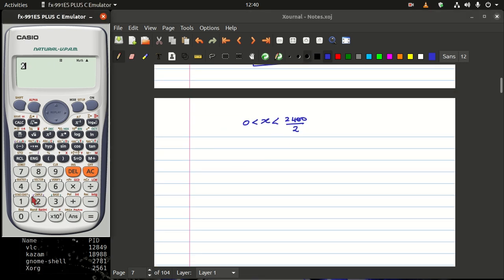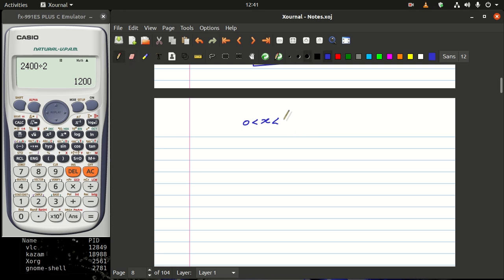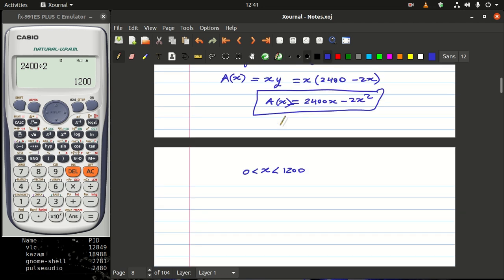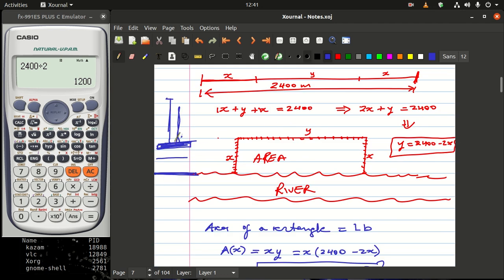And of course, 2,400 divided by 2, you will end up having 1,200. So our x is going to be somewhere 1,200.